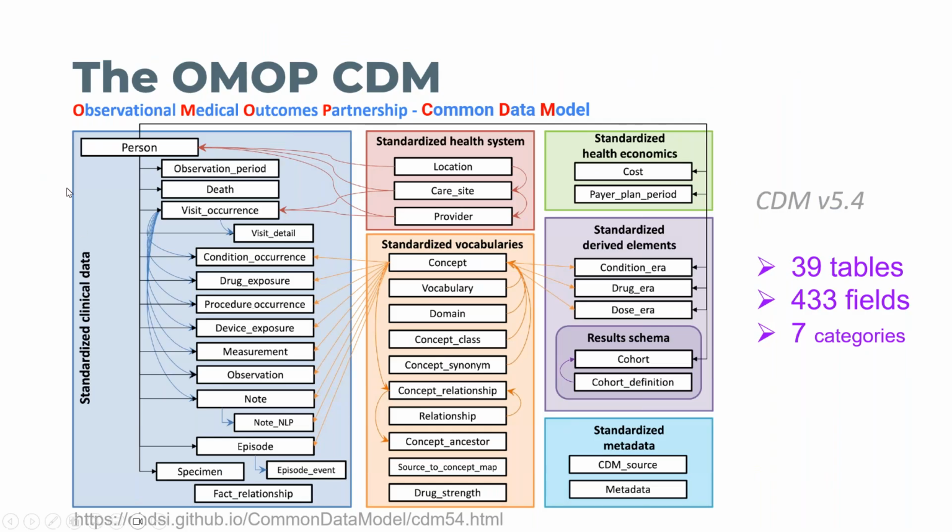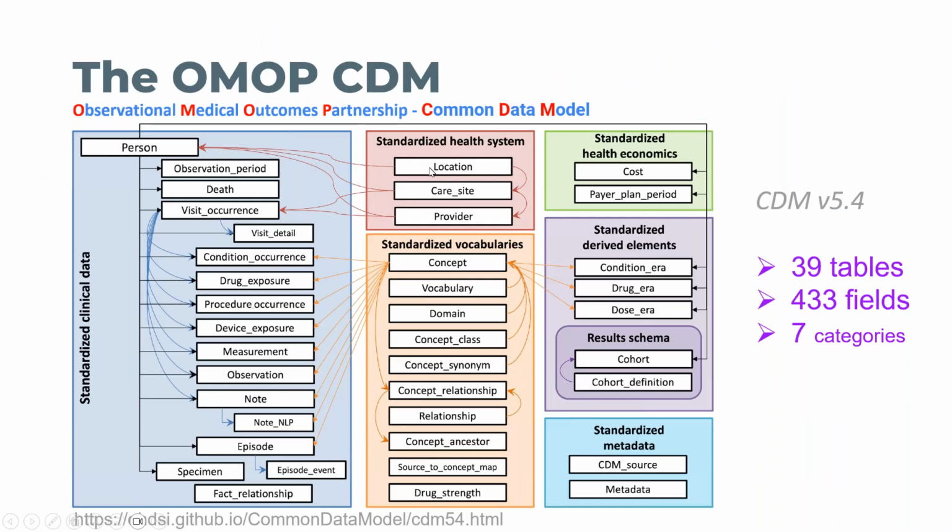And of course, we keep track of notes, NLP, and other relevant information about the person. So the tables in the middle, the standardized health system and the standardized vocabularies, are basically tables that won't be changing much. So location, care site, and provider are basically things that you can register in your database.